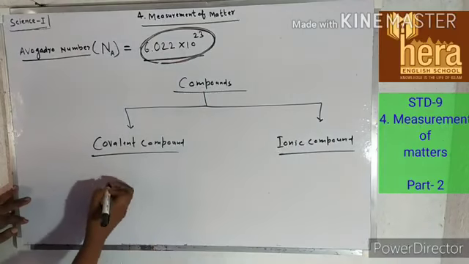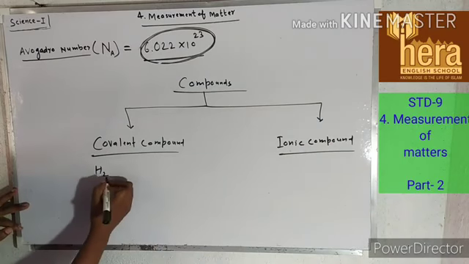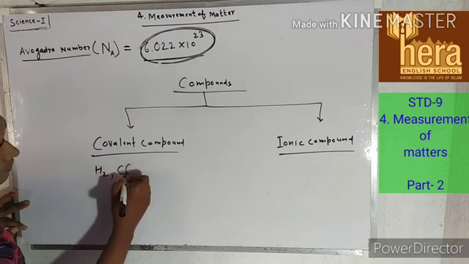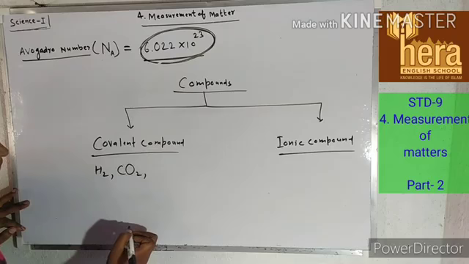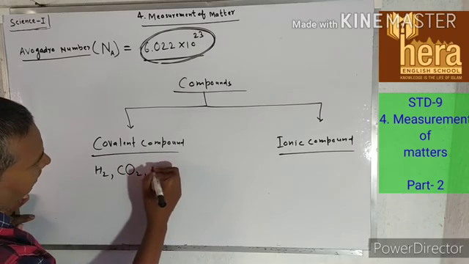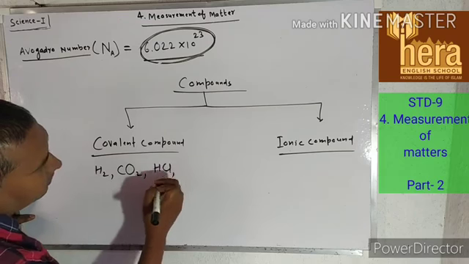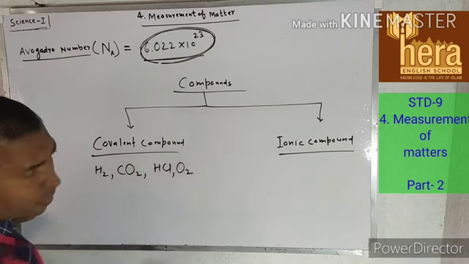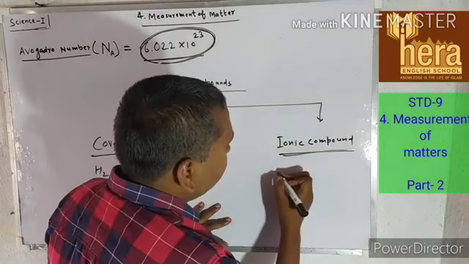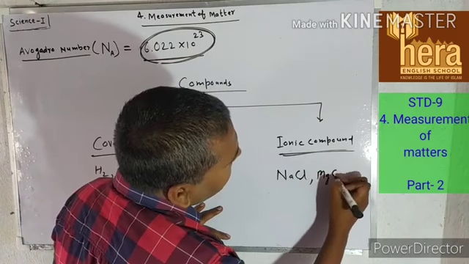Examples of covalent compounds are H2, CO2, HCl, O2, etc. These all are covalent compounds. Ionic compounds are NaCl, MgCl2.